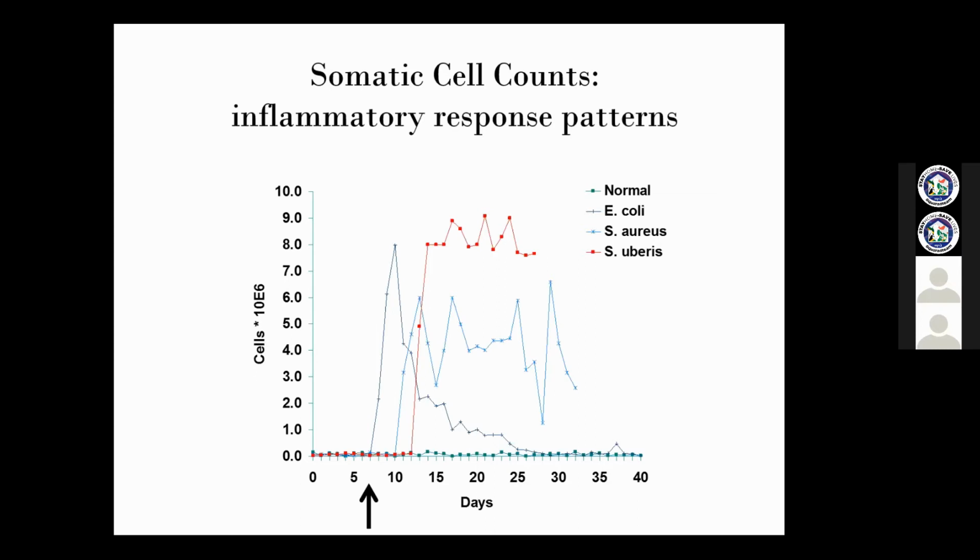Maybe before we look at this, some of the research we did in early years is we placed a piece of plastic inside the teat cistern, that bobs up and down there. And the whole idea was to irritate so that we constantly have a high somatic cell count at the bottom, where new bacteria can enter. This worked very, very well. The rest of the milk didn't have a high cell count.